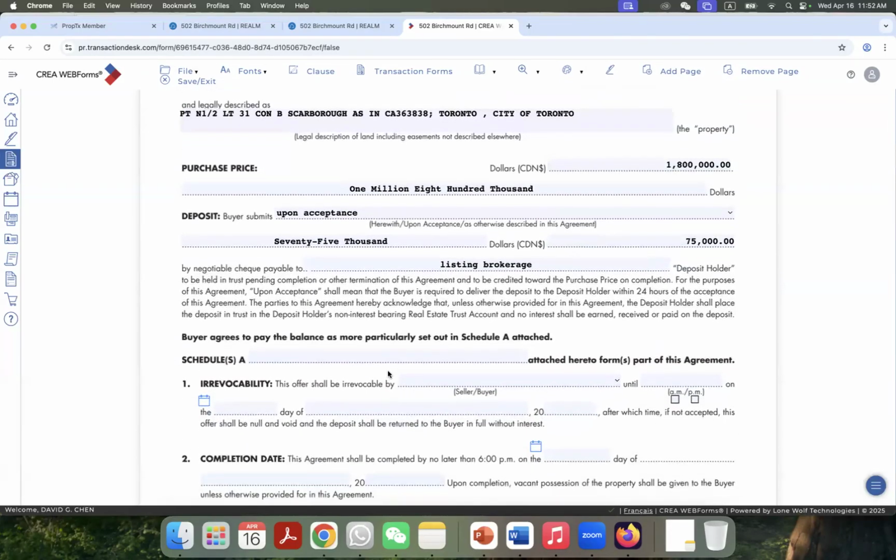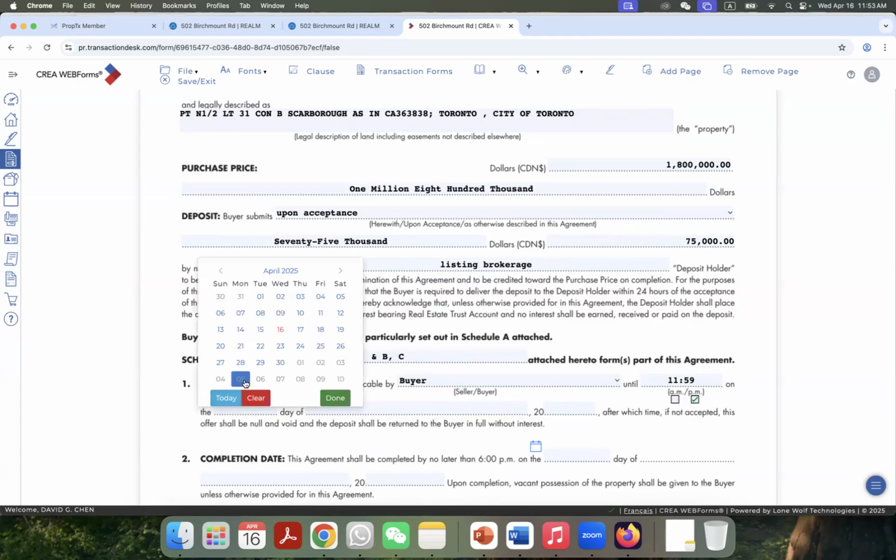And schedules again: if they have a Schedule B, then use Schedule B, or if you have a Schedule C, you also add Schedule C as well. And for irrevocable, of course, you have to represent the buyer, until 11:59 PM in most cases. And for the days, normally for commercial, you need at least 2 to 3 days, or even 4 days.